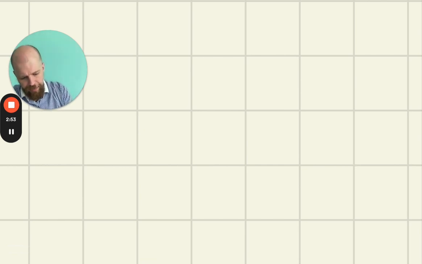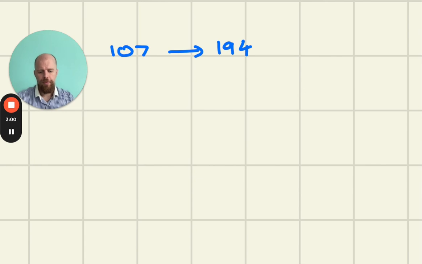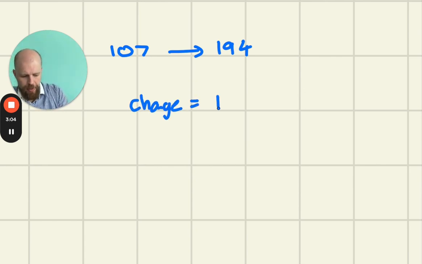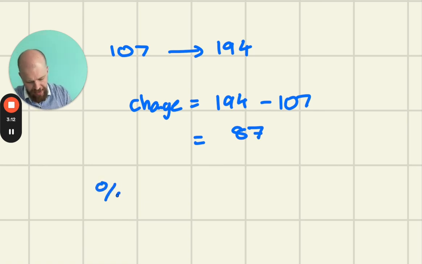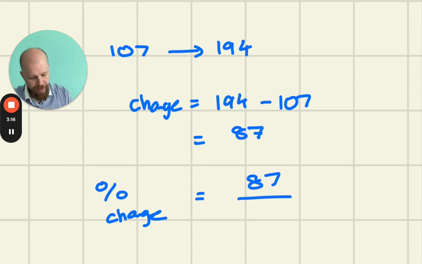Let's say we're going from 107 to 194. Well, the change is when you subtract them. So I do 194 minus 107, which would be 87. So we do percentage change, which is change divided by the original, times by 100.